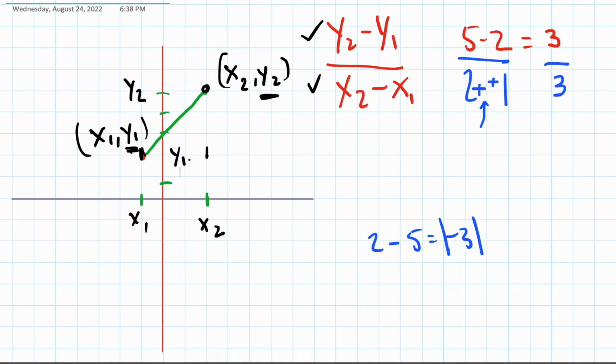So subtracting y2 minus y1 just gives you how much distance there is between the 2 points vertically, and then x2 minus x1 is how much distance there is between the points horizontally. So hopefully we understand slope a little better, but at least we can understand how we count how much change there is up or down divided by how much change there is left and right.